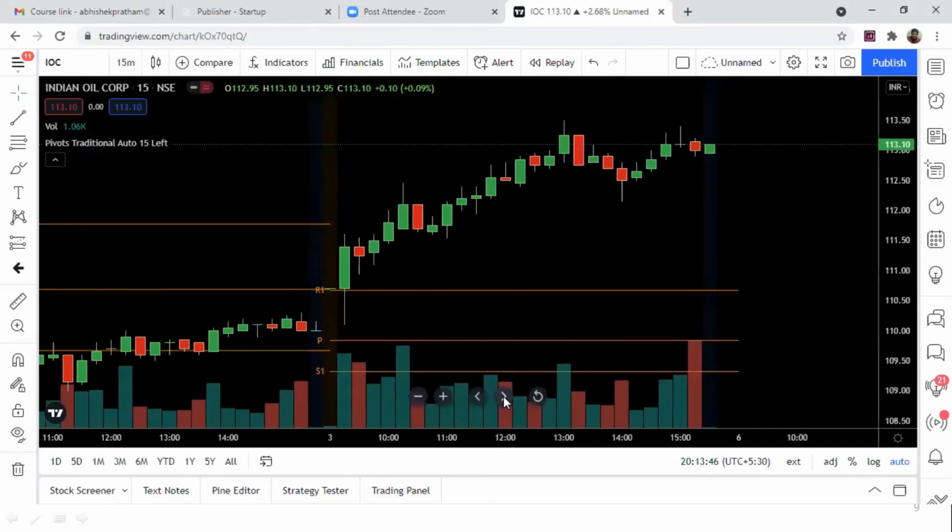It opened with a gap up or not? And it went up or not? Where is the wick higher, on the lower side or on the higher side? On the lower side, right? So does it signal a buy or a sell?